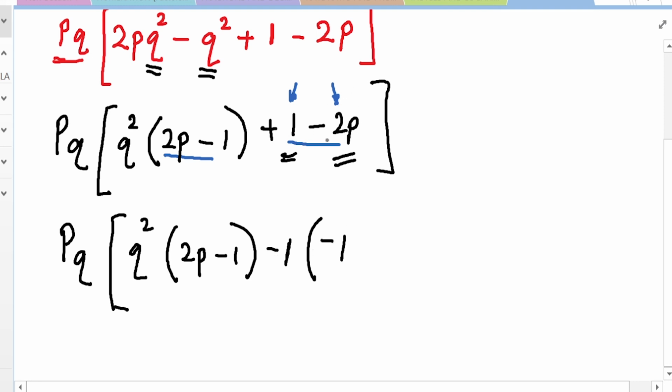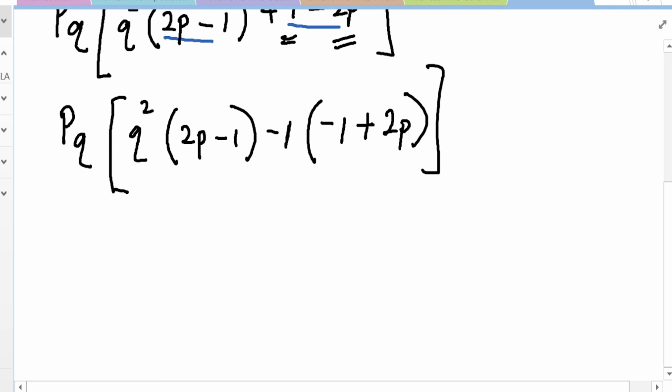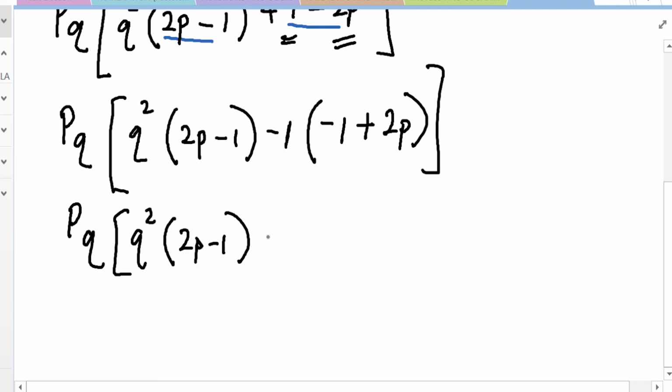Then negative 2p divided by negative 1 leaves us with plus 2p. We have factorized it out like that. So this becomes pq into q squared, that is 2p minus 1. That is then minus 1 into, we're just rearranging this, 2p minus 1, like that.